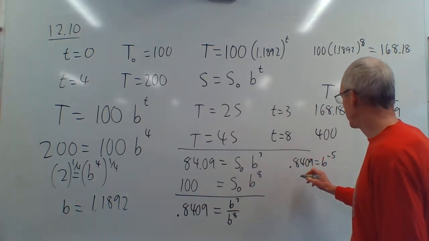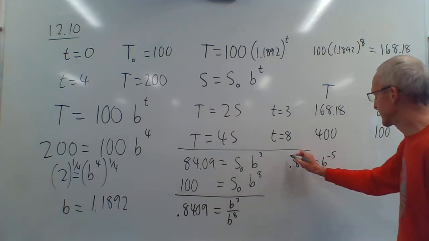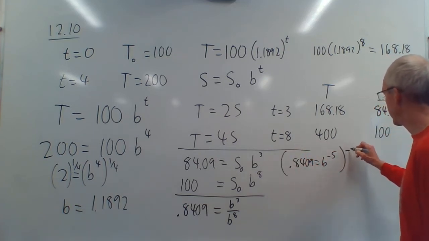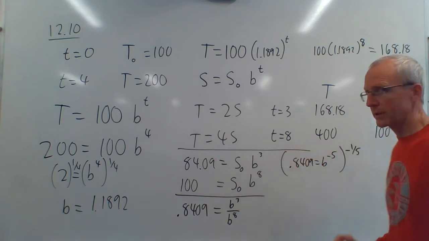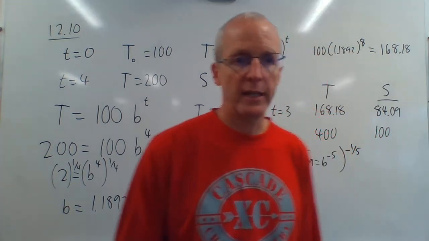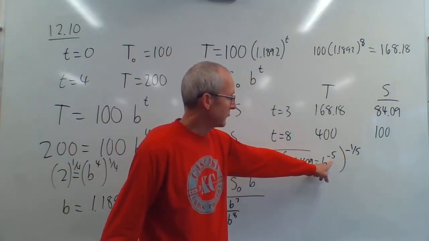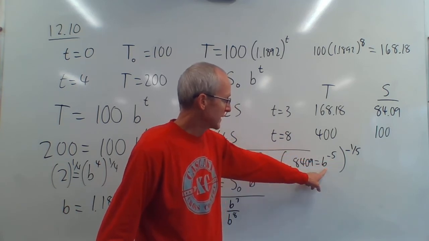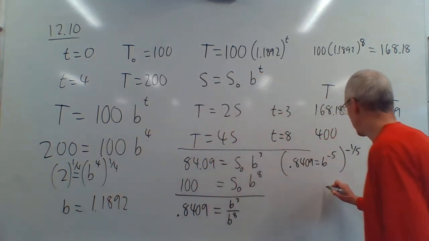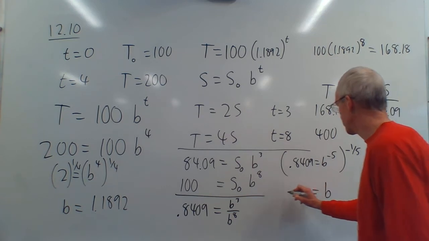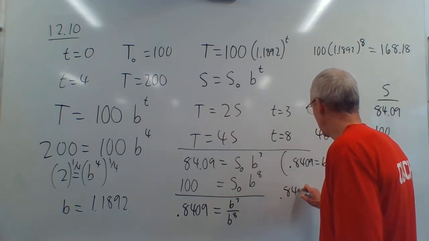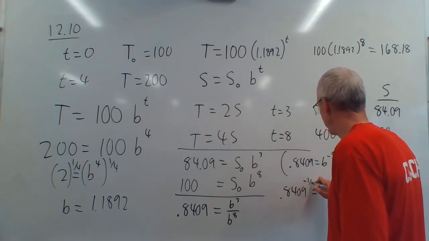So we raise both sides, let's raise this whole thing to the negative 1/5 power, because you guys are so good now with exponents, right? Negative 1/5 times negative 5 is 1. That gives us B. So we get B equal to 0.8409 to the negative 1/5.